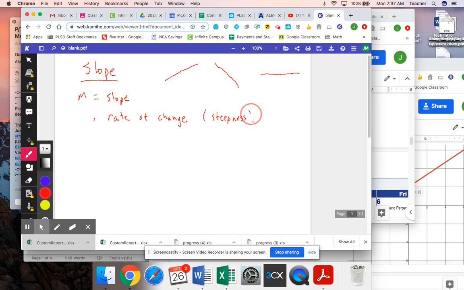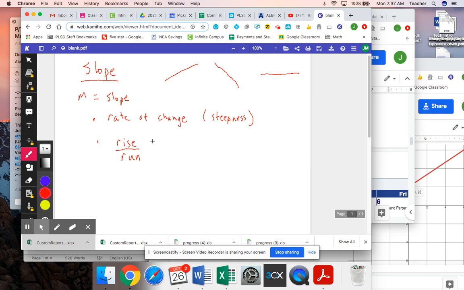So if we're looking at the line, or we're talking about walking up and down a hill, the steepness of that walk, if you will. One way of looking at slope is by looking at the rise, how quickly it goes up, compared to the run, or how far it goes. So as you go up and over, what is that rate of change?